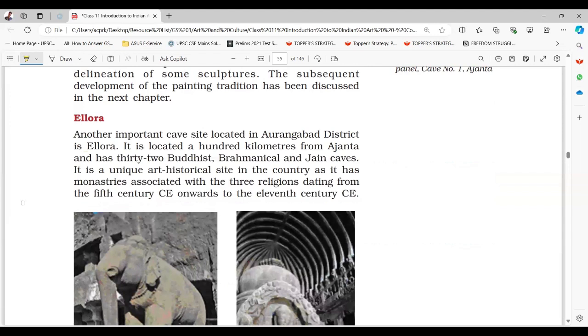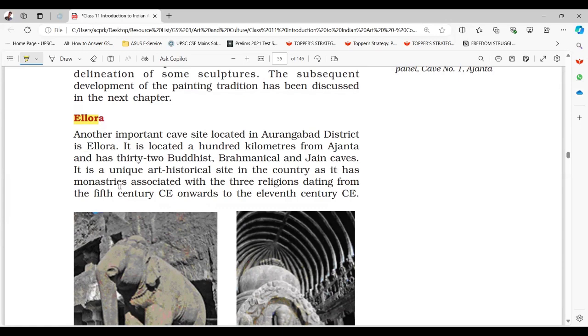Ellora. Next is Ellora. Another important cave site located in Aurangabad district is Ellora. It is located 100 kilometers from Ajanta and has Buddhist, Brahmanical, and Jain caves.